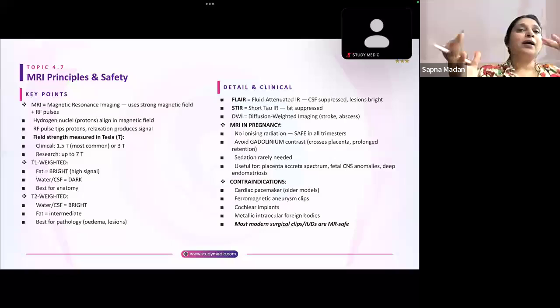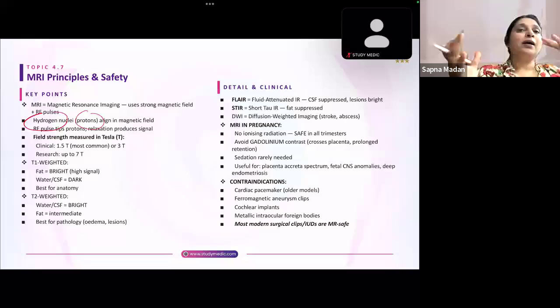The radio frequency pulse will tip or agitate the protons, and once they come back into their alignment, the relaxation of these protons will produce signals. It is very important to know that they are protons, and that they are hydrogen nuclei, because this question has also been asked. The field strength is measured in Tesla.